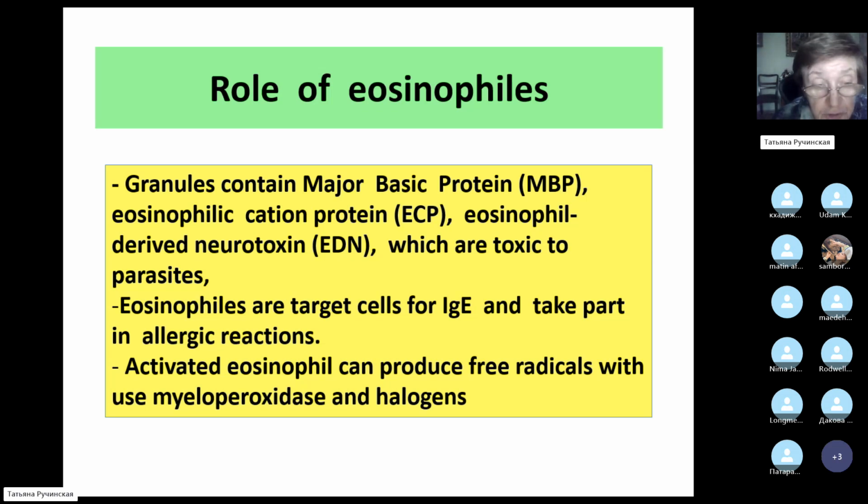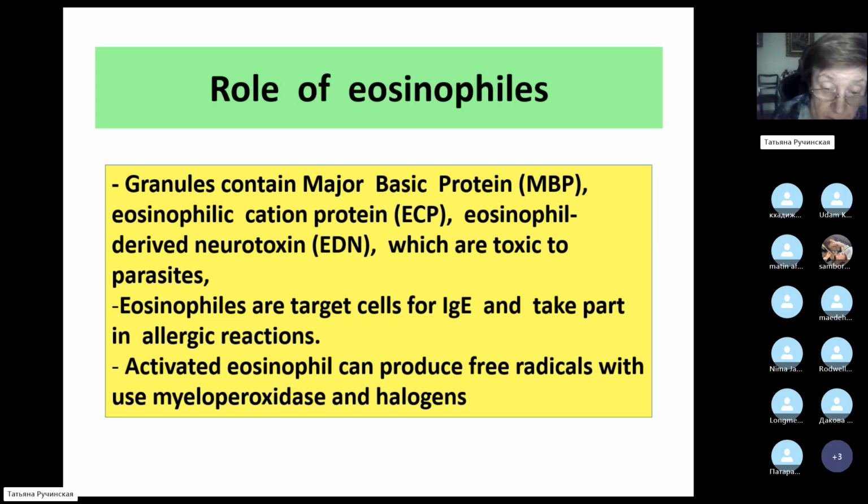You see, eosinophilic cation proteins, the proteins which are toxic to neurons, and all of these chemicals are toxic to parasites.